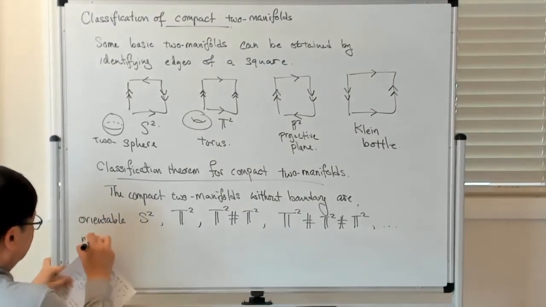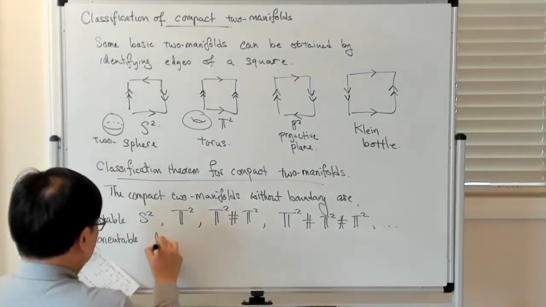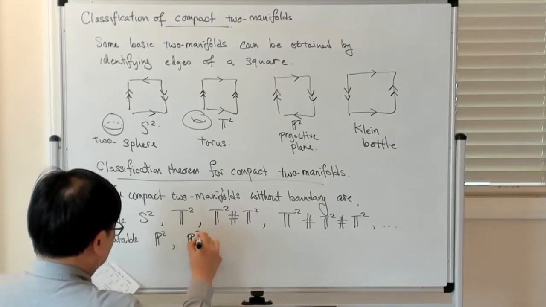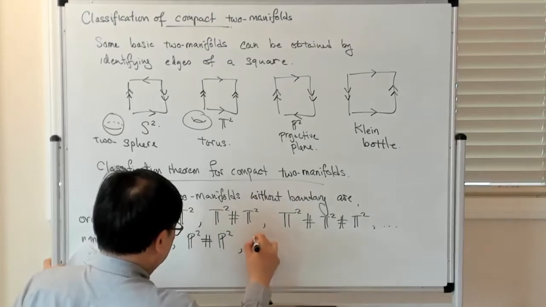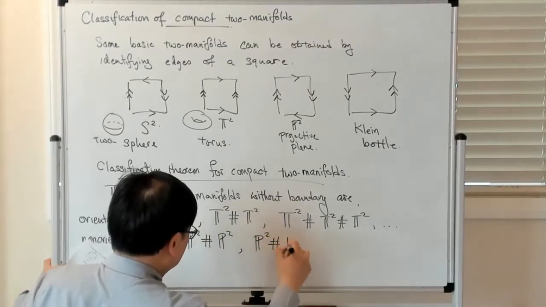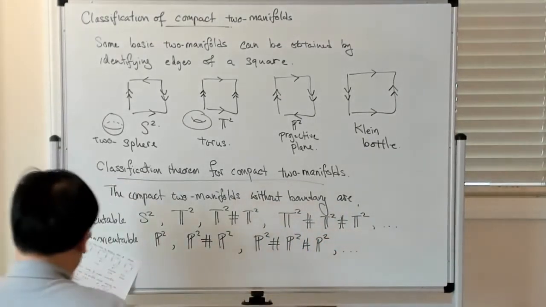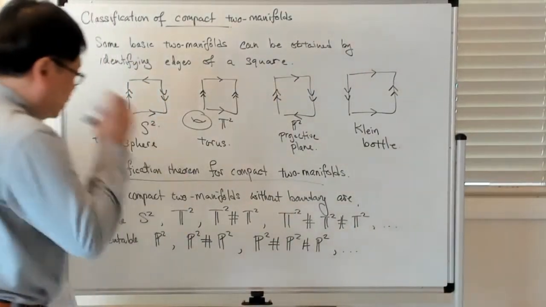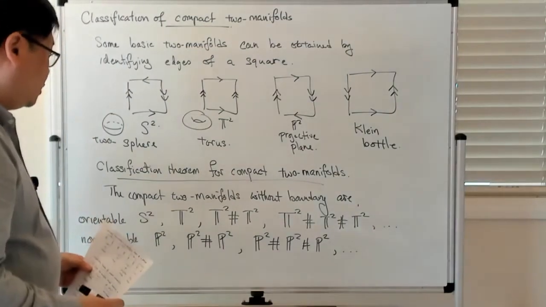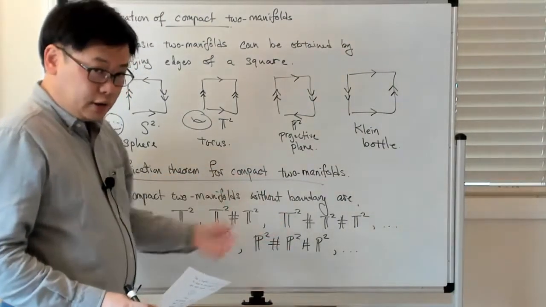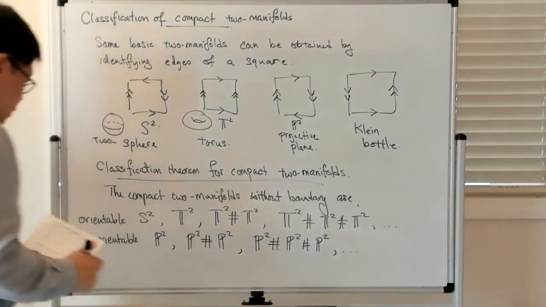And then there are the non-orientable ones, which start with the projective plane, and then connected sums of copies of the projective plane, and so on. So the claim is that if you have a compact two-manifold without boundary, then it's, sorry, homeomorphic to one of these things.